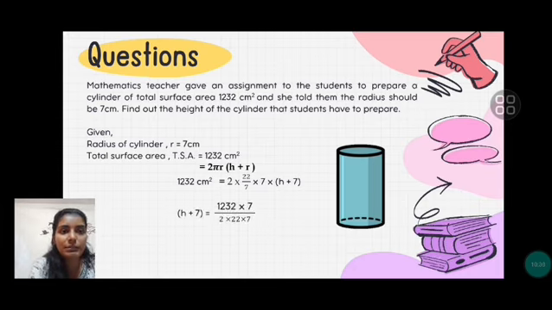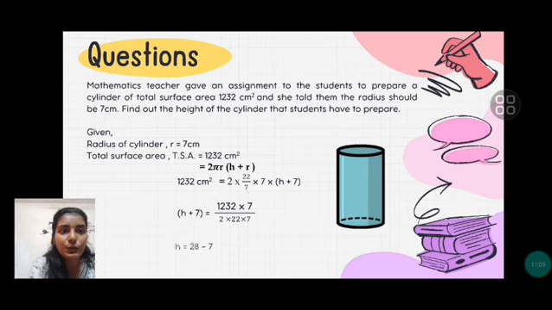Now in the next step, we have to take the 2 into 22 by 7 into 7 to the left side. So we will get h plus 7 is equal to 1232 into 7 whole divided by 2 into 22 into 7. Here both 7s get cancelled and you have to divide 1232 by 44.